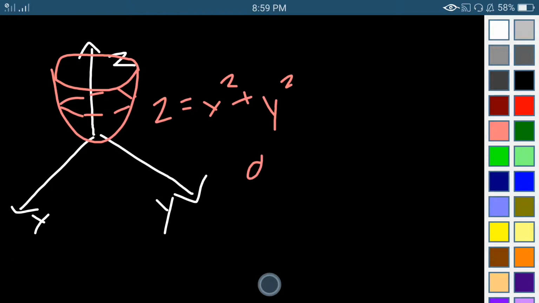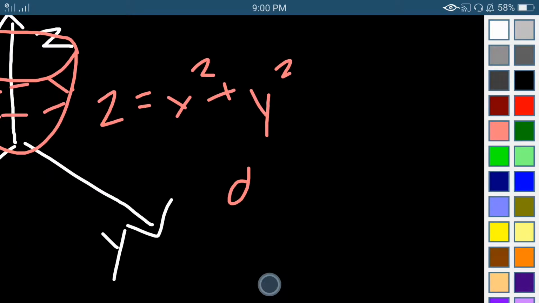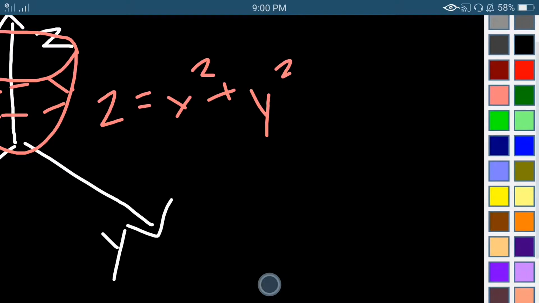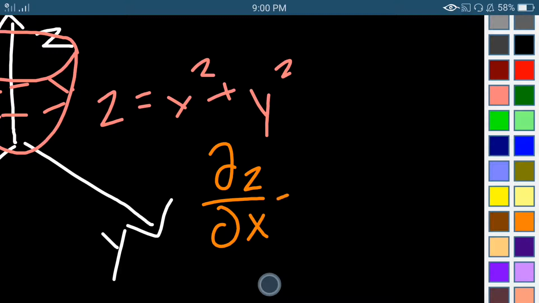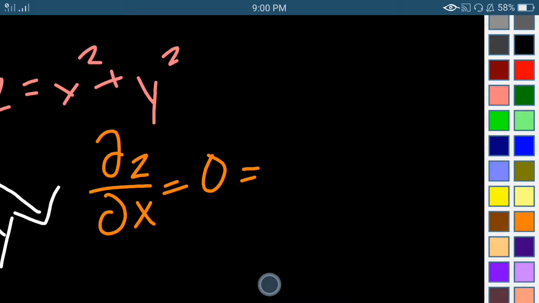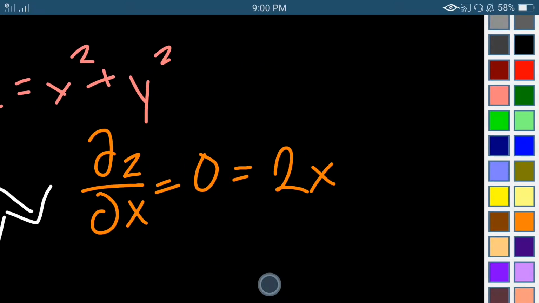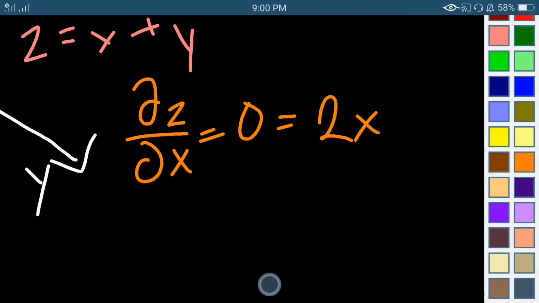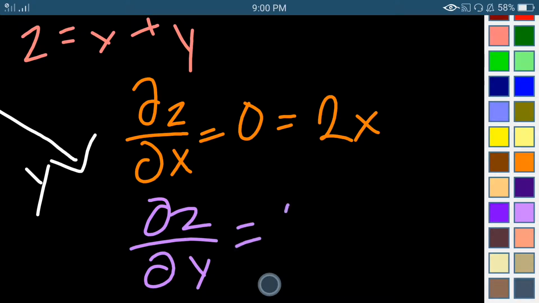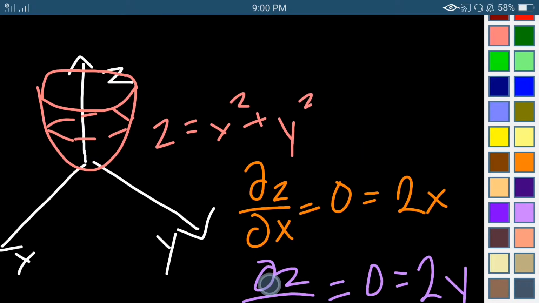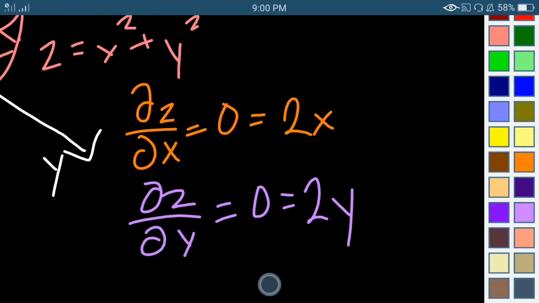Well, easy. dz/dx equals 0, which gives x, and dz/dy equals 0, which gives y.